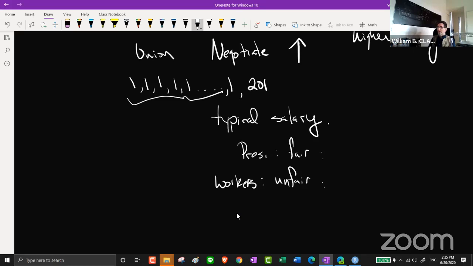So one of these two people in the argument is going to use the mean, and the other is going to use the median. So who is going to use which? The president is going to say, "I think the typical salary is," and the workers are going to say, "I think the typical salary is."